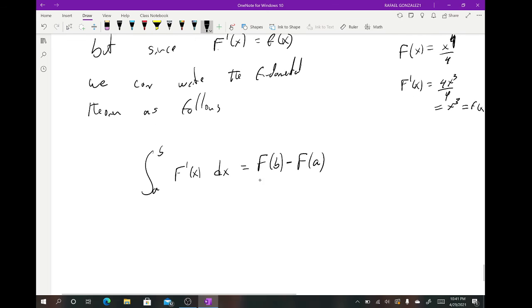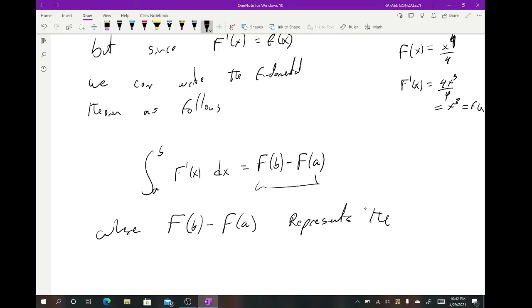And this quantity now, this F of b minus F of a, represents the so-called net change of F on the interval a, b.